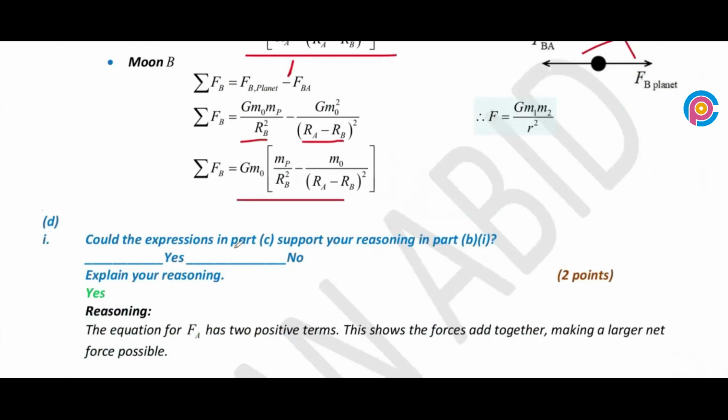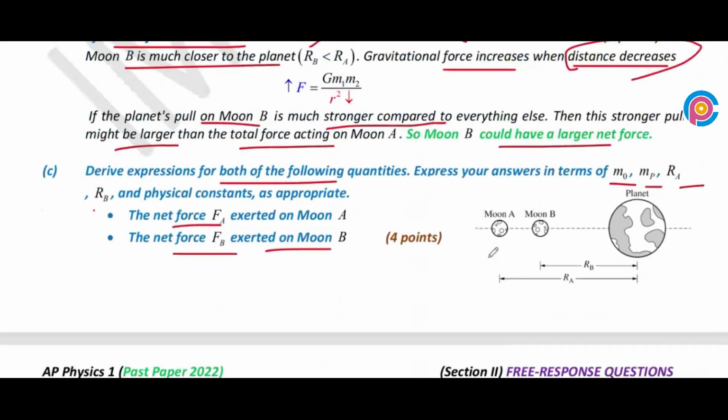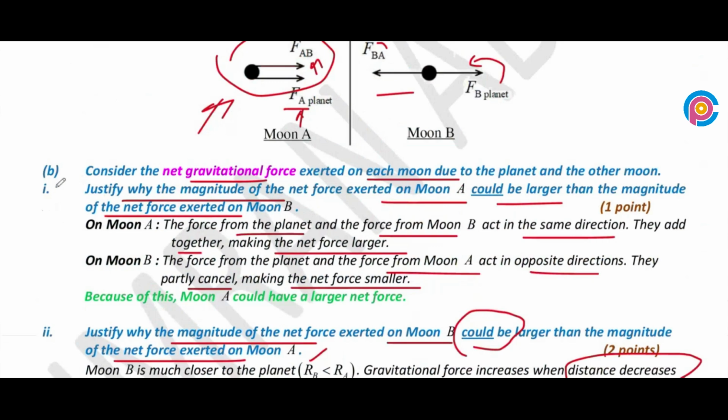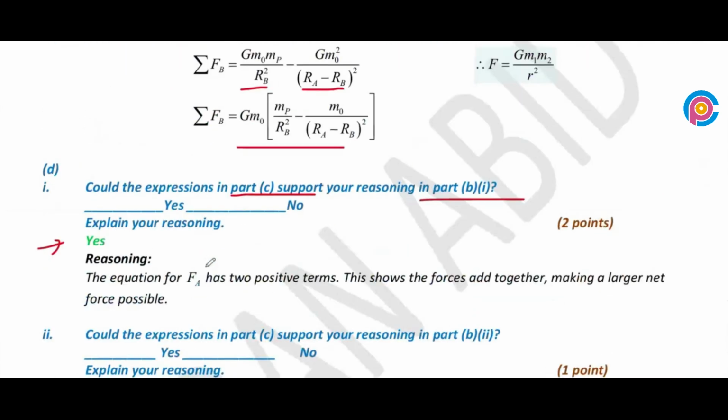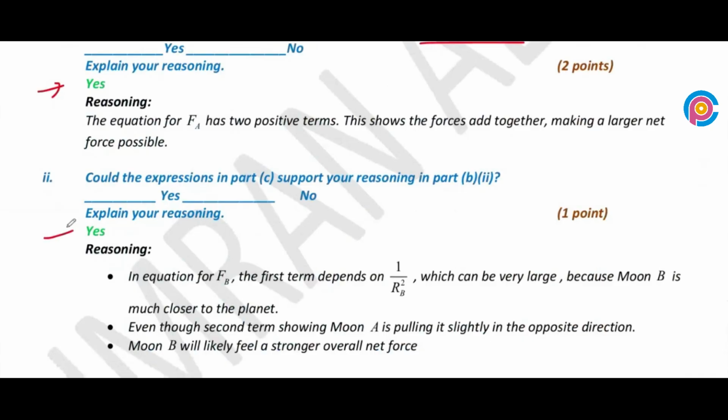Now, could the expression in part C support your reasoning in part B? Explain your reasoning. The answer is yes. How the net force on moon A is larger compared to moon B, is this justified from the mathematical expression? We can see the answer is yes.